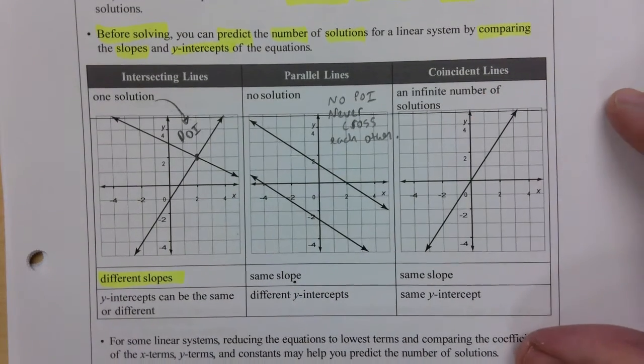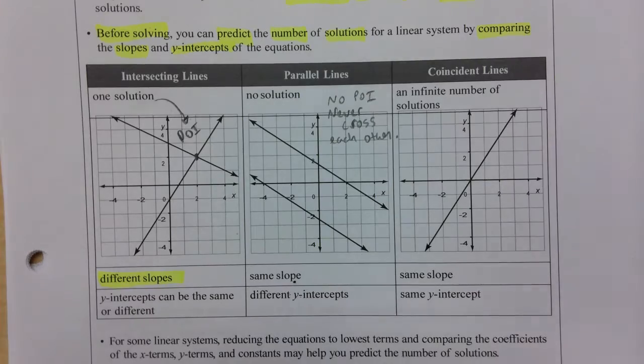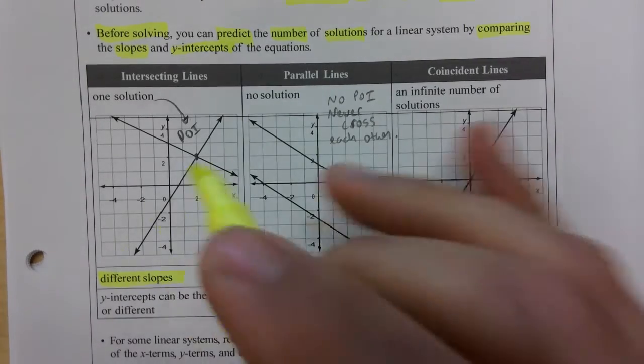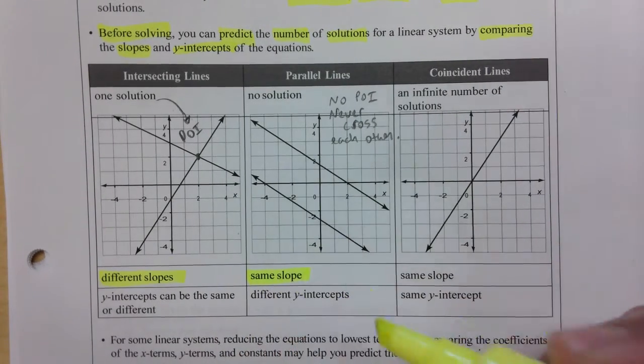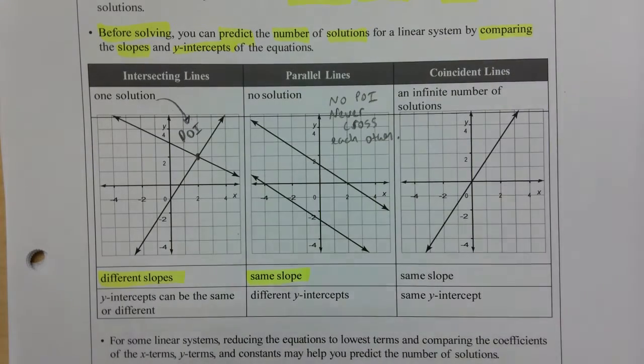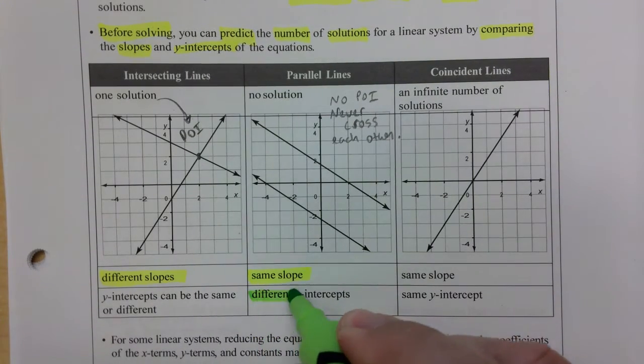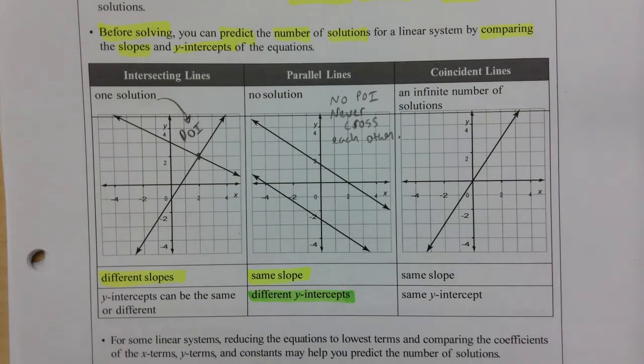If you have the same slope and a different y-intercept, then this system will not have a solution. There is no solution to the system.